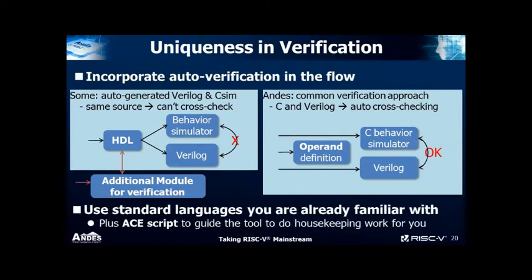And also, unlike other tools have to learn a new language, ACE script is using the C and Verilog, which designers are familiar. And they can jumpstart to use ACE without additional learning curve and very quick to use the tool to enhance their design.